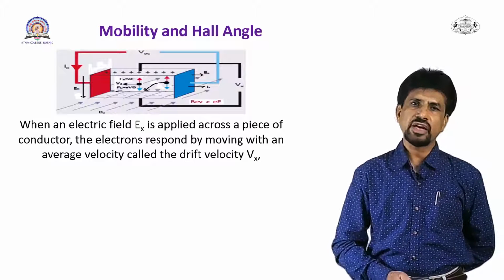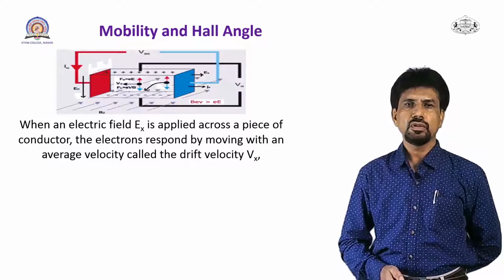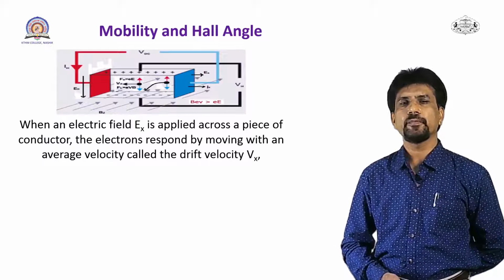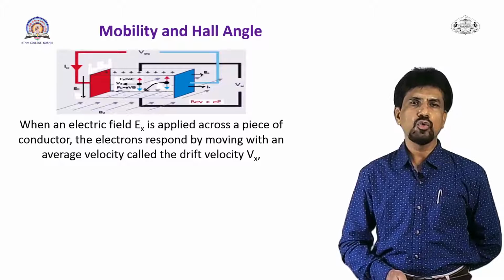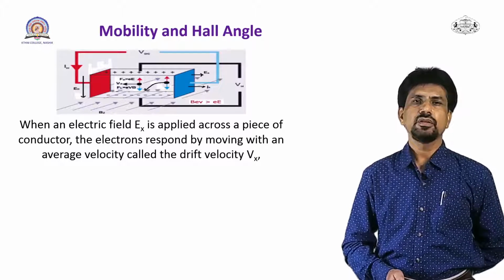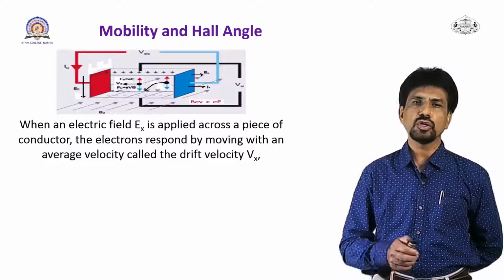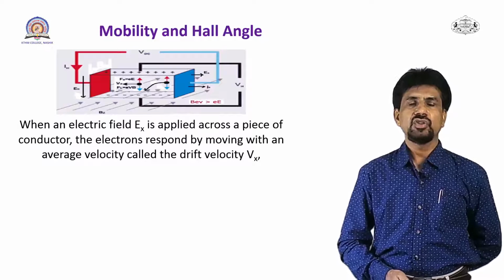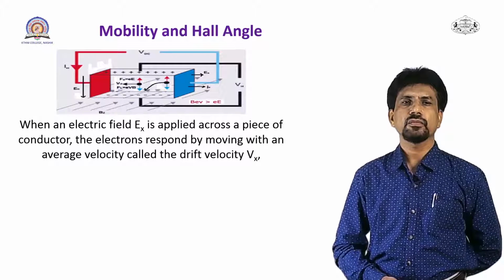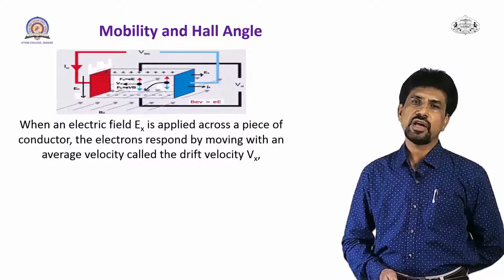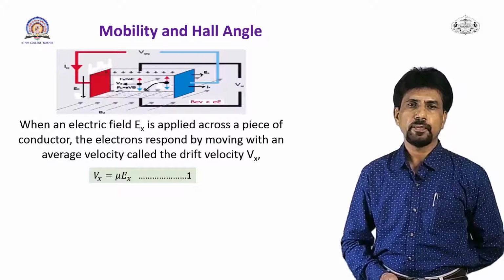Due to that electric field, the electrons start to move from one end of the conductor, that is the negative terminal, to the positive terminal of the conductor, and they are moving with an average velocity, and that average velocity is called the drift velocity.